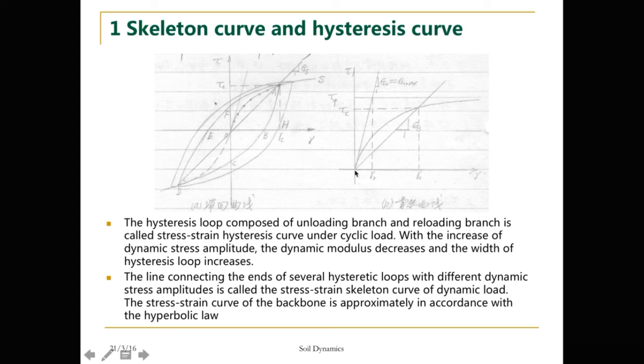And in the beginning, from the origin point, we draw a tangent line of these hyperbolic curves, or backbone curves, or skeleton curves. Then the slope of this line, G0, is the initial shear modulus. And when we observe the hyperbolic function curve, this slope in the beginning, G0, is the largest one.